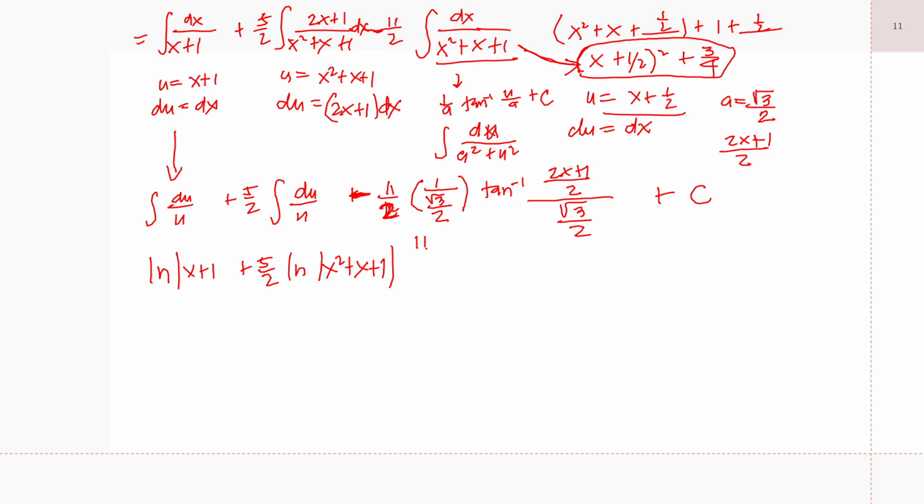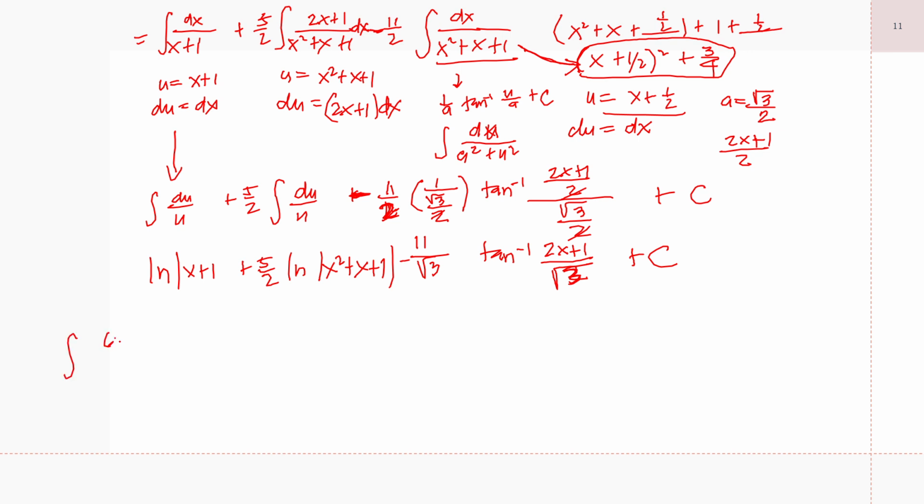So we have here 11 over, cancel this one, square root of 3, inverse tangent of, cancel this one, 2x plus 1 over 2, square root of 3 rather, square root of 3, plus c. So this is now the answer.